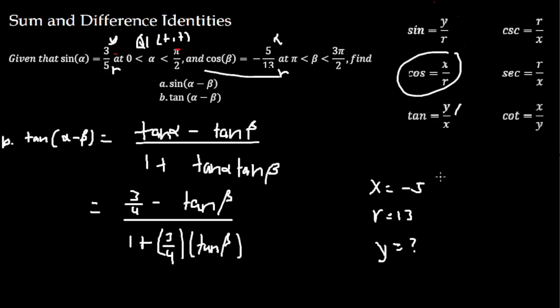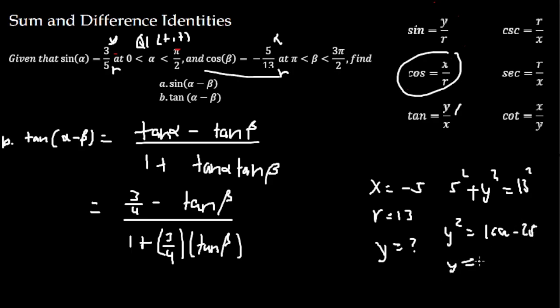So just substitute: 5 squared plus y squared is equal to 13 squared. Sorry, it's plus. Now y squared is equal to 169, since 13 squared is 169, minus 25.